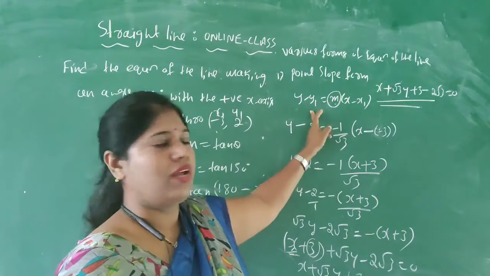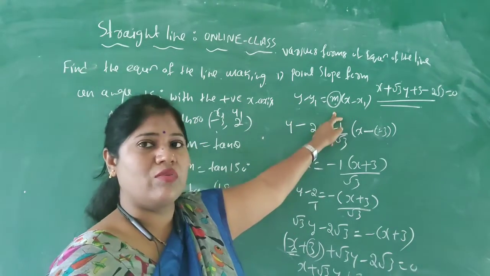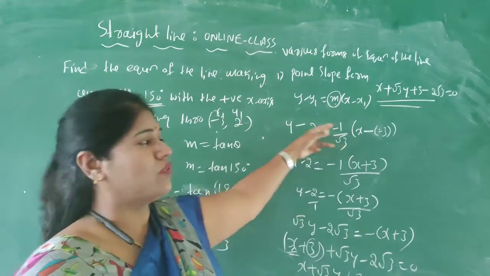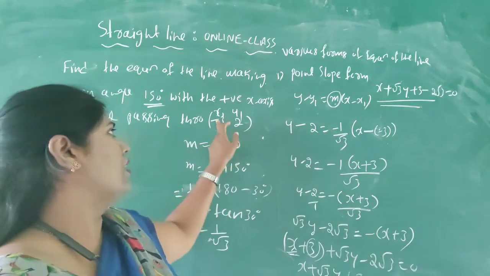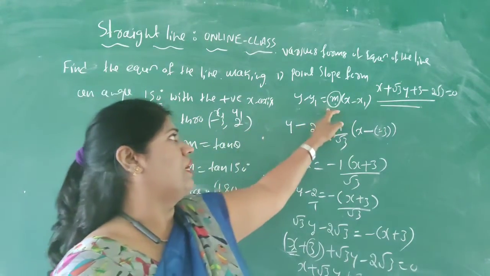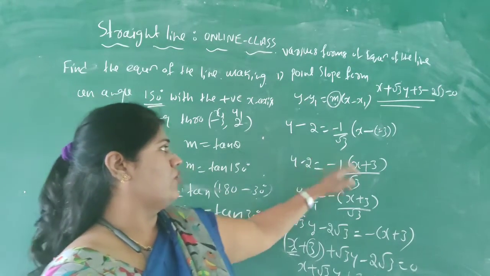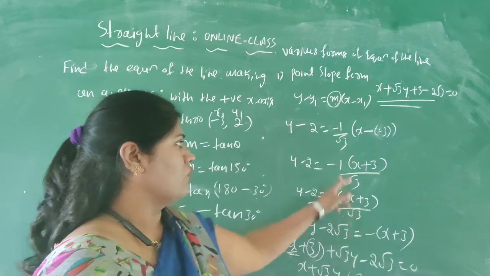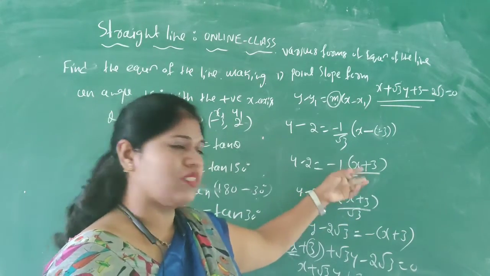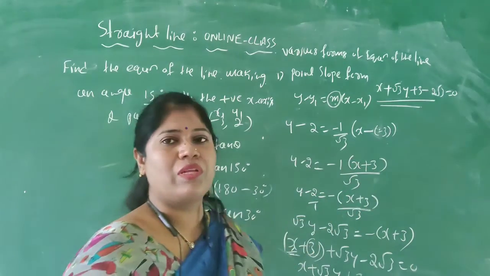So use the formula y minus y1 is equal to m of x minus x1. Here x1, y1 is minus 3, 2 and m is minus 1 by root 3. Substitute this carefully. Minus 1 is nothing but minus of x plus 3.